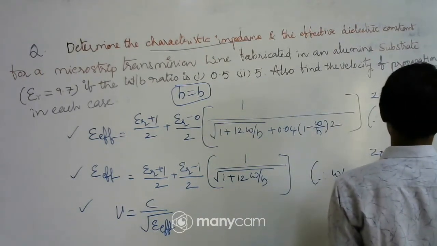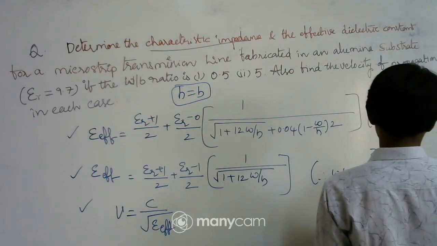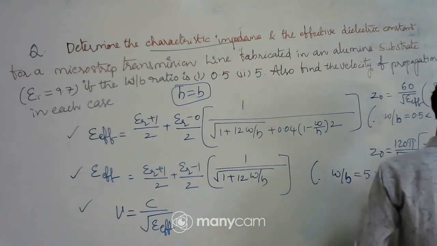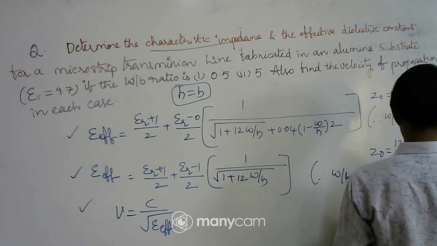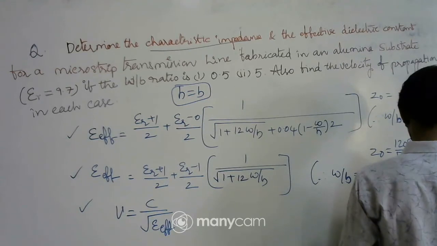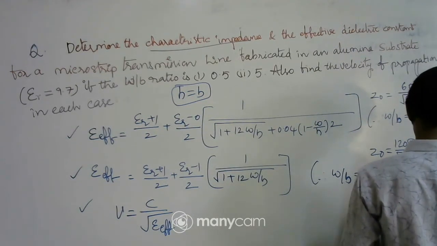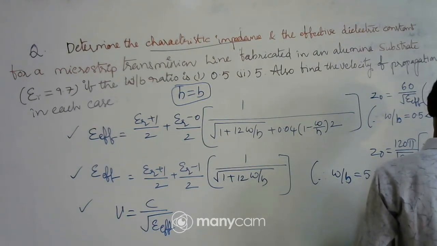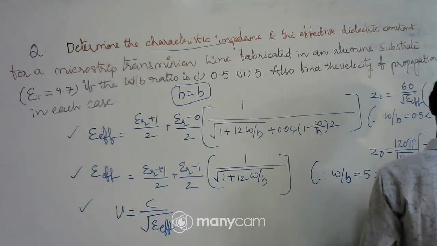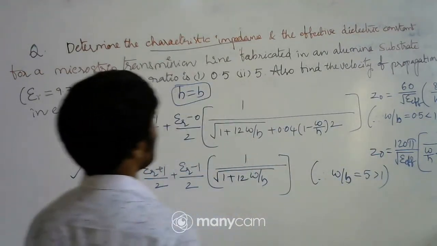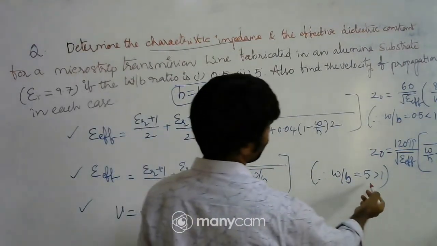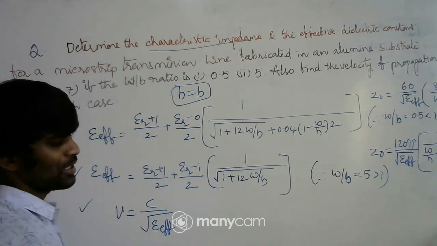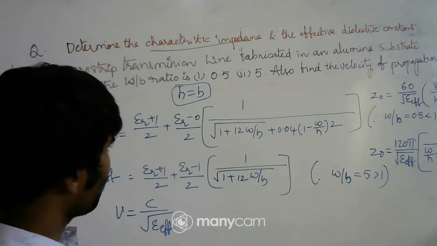For this, Z0 is equals to 120 pi by square root epsilon effective of 1 by W by H plus 1.393 plus 0.667 ln of 1.444 plus W by H. This is the characteristic impedance for W by B equals 5, which is greater than 1, and the velocity of propagation is equal for both less than 1 and greater than 1.